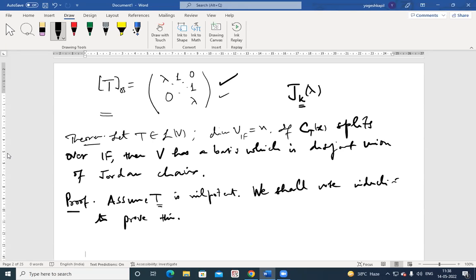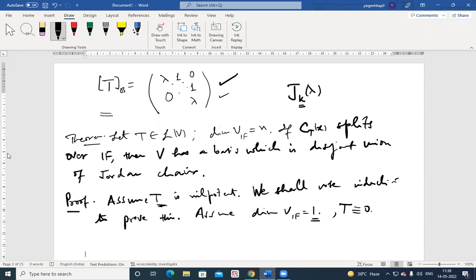All right. So first assume that dimension of V is 1. Since T is nilpotent, if dimension of V is 1, then obviously T would be 0. T is the 0 operator. And in that case, nothing to prove.